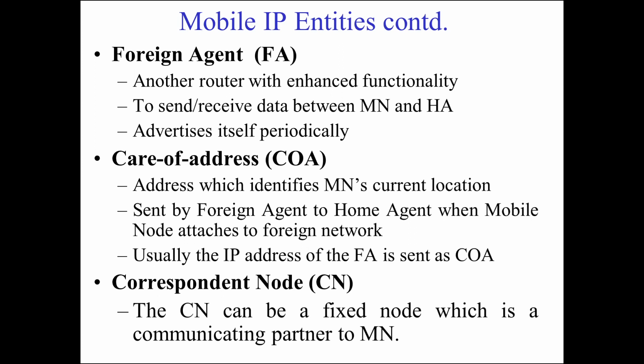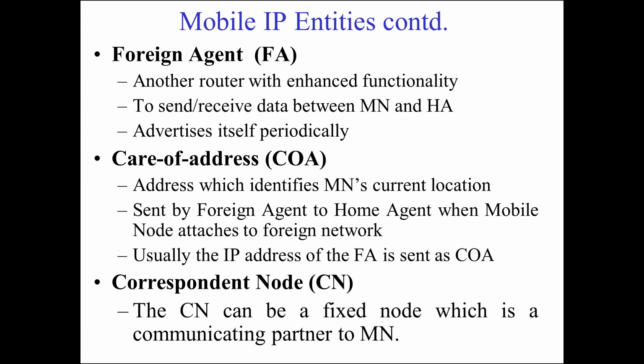When the mobile node enters the foreign network, the foreign agent sends an advertisement message to inform newly arriving nodes about its presence. Then the mobile node contacts the foreign agent and gets a temporary address from it. Once the foreign agent assigns the temporary address to the mobile node, that has to be sent to the home agent.